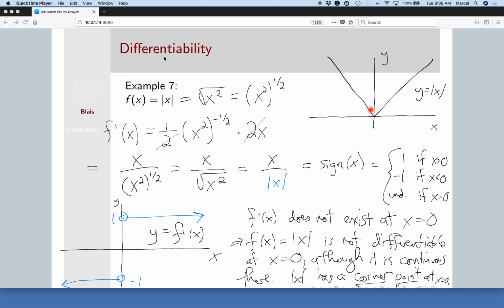And explicitly, by the machinery of differentiation, if we tried to define the derivative of this function at 0, we come up with nothing. It's undefined. And so we see in this case that when you have a function like this with a corner point, the derivative at that point does not exist.